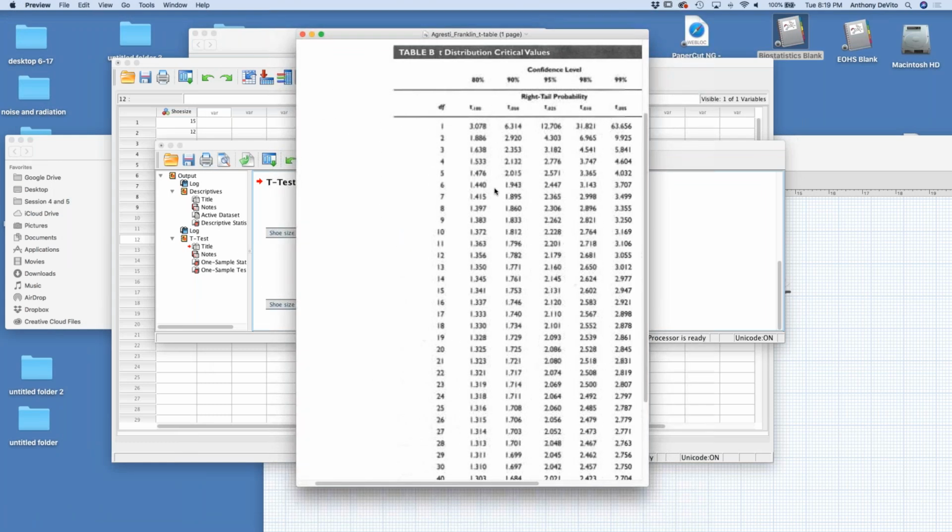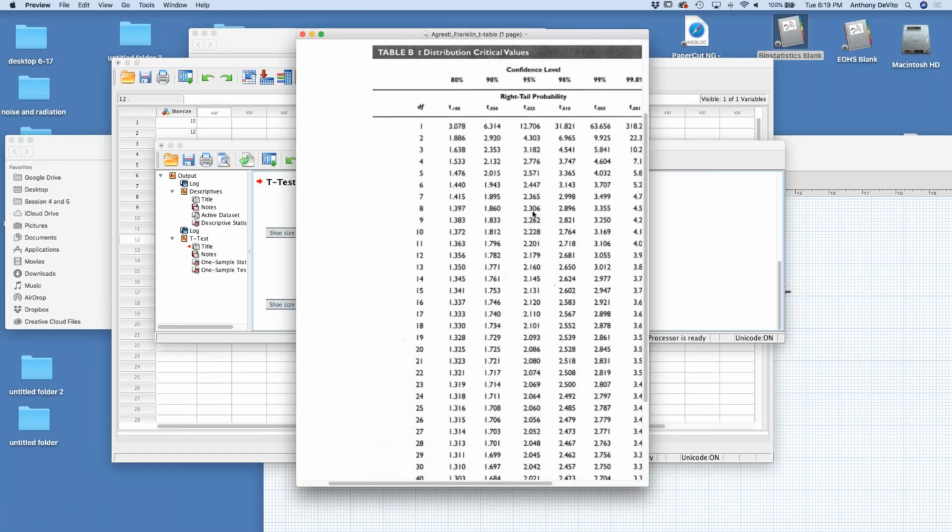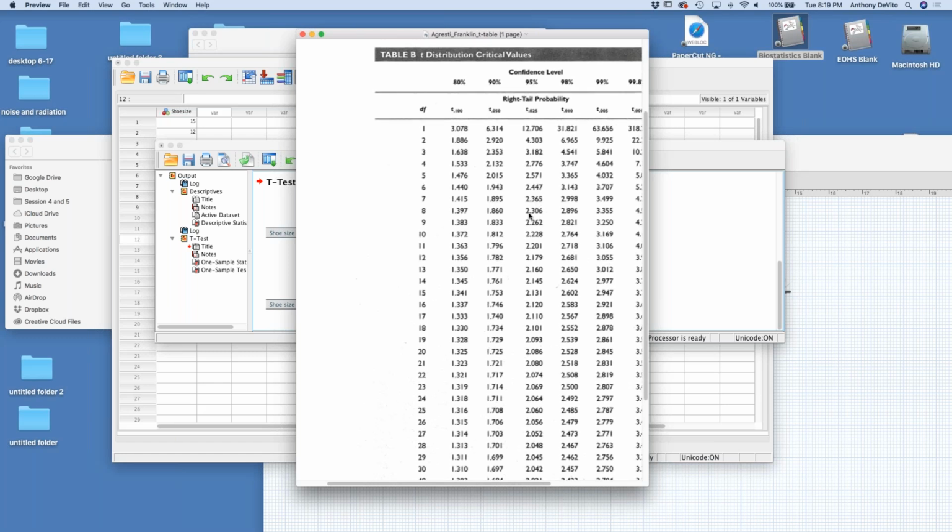For 8 degrees of freedom, I would need a t-score of 2.306 or larger. See, 95% confidence, 0.025, 2.5% in each of the tails, the right tail and the left tail, which is 5%, and 95% confidence. So this would be 2.306. That's the t-value I would have to exceed to reject the null hypothesis.